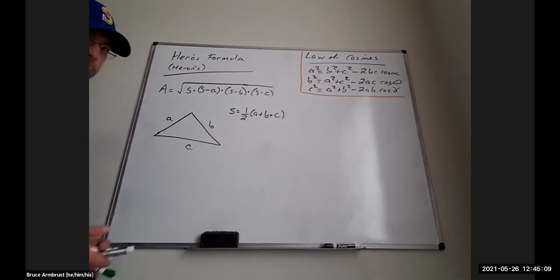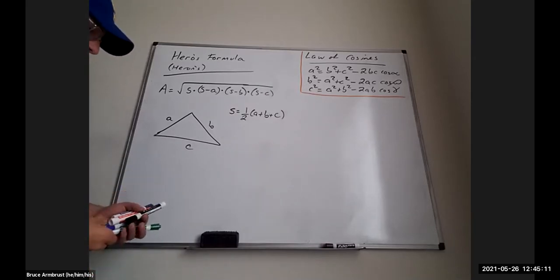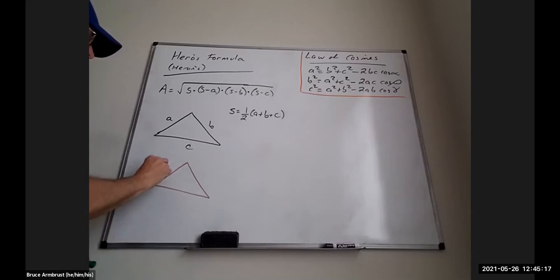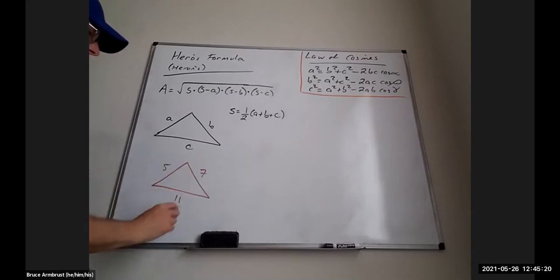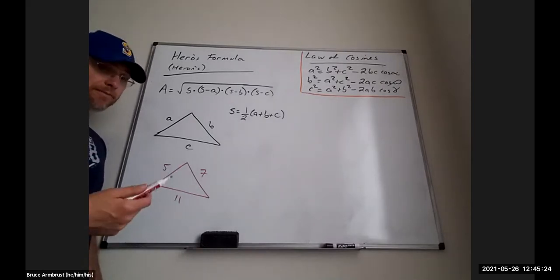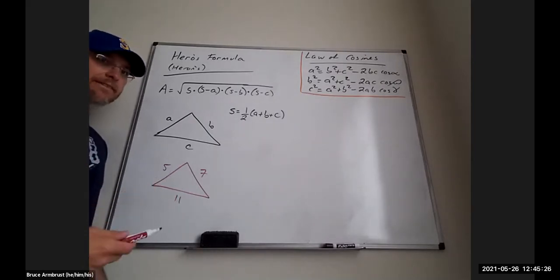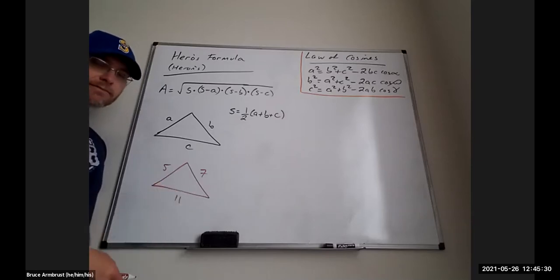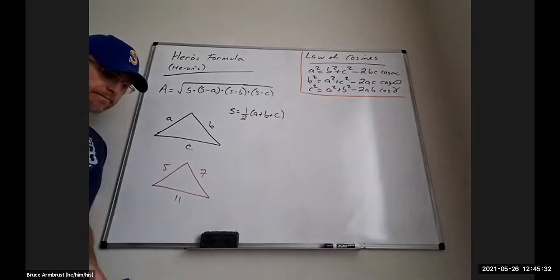All right, let me show you an example. We'll go back to that one that had sides of length 5, 7, and 11. Now, if you want to use that formula from before, 1/2 AB sine theta, we would have to use the law of cosines to find one angle and then go into it.